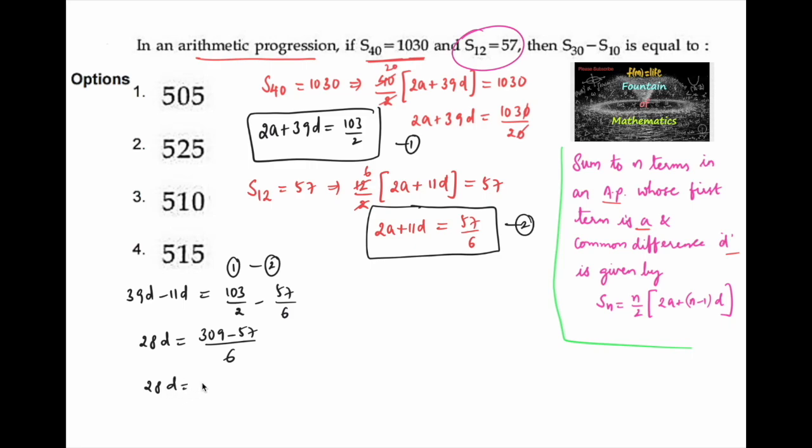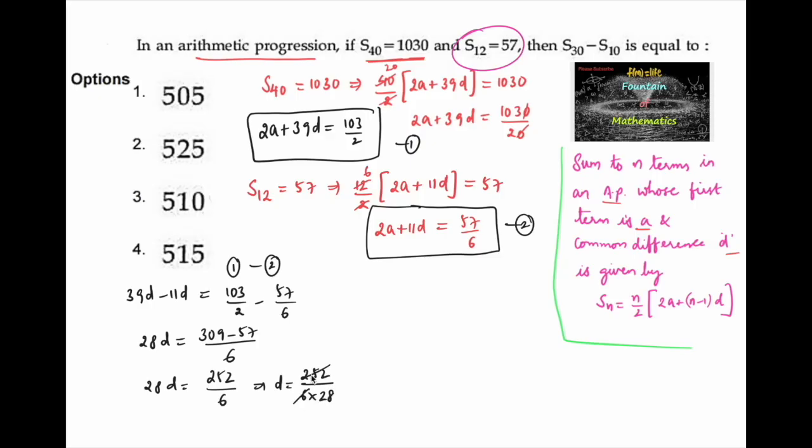That is 28d is equal to 309 minus 57, we get 252 divided by 6. So which implies d is equal to 252 divided by 6 into 28.